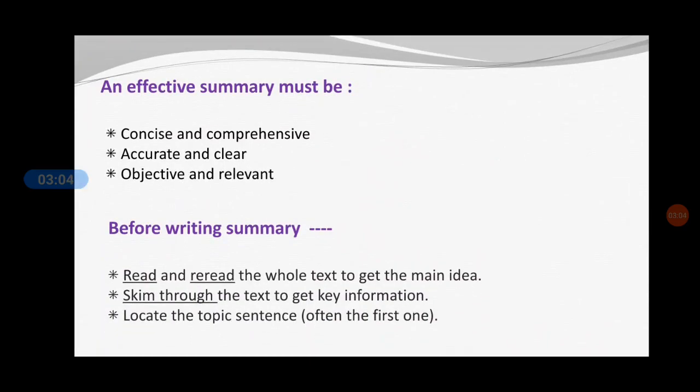An effective summary has some basic characteristics. To write an effective summary, you have to follow some rules, and you also have to know what the characteristics of an effective summary are. An effective summary must be concise and comprehensive. It must be accurate and clear, and it must be objective and relevant.